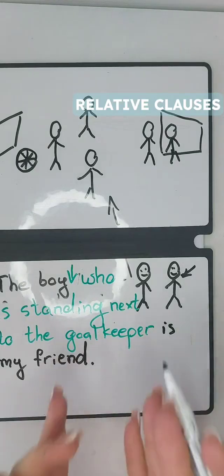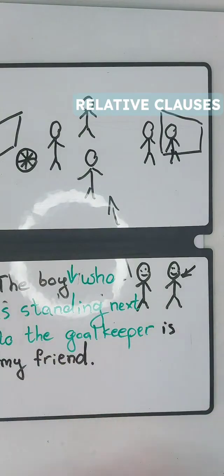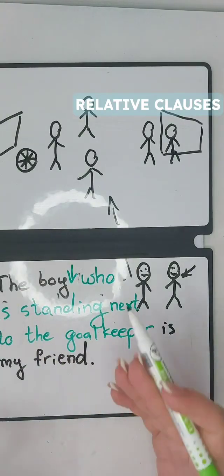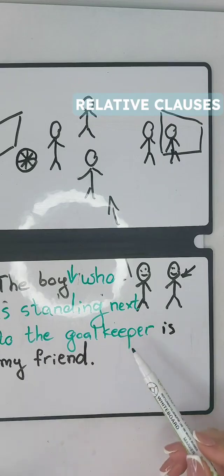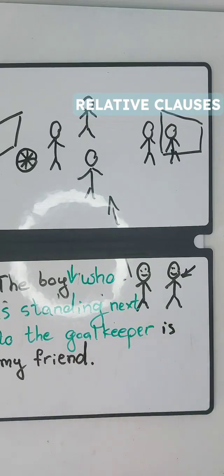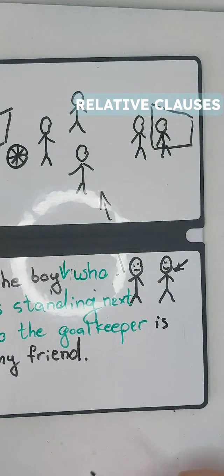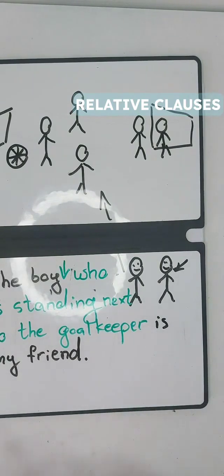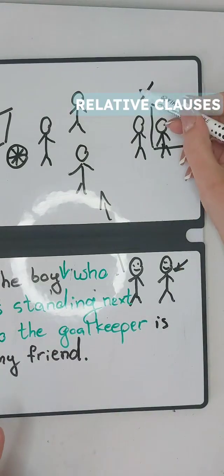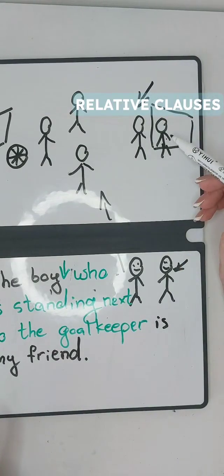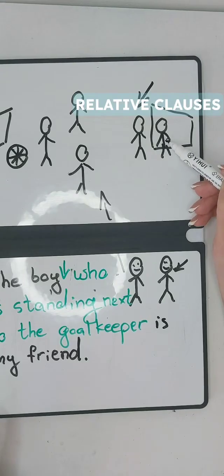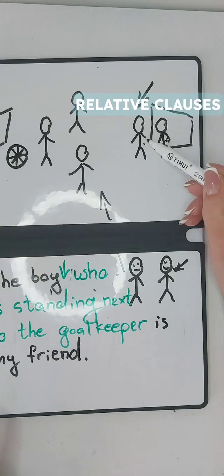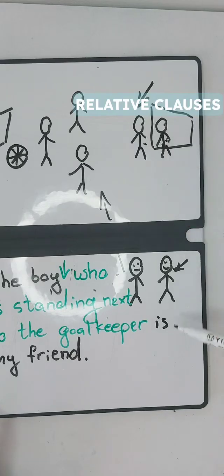Now, can you understand which boy I'm talking about? The boy who is standing next to the goalkeeper is my friend. Now we know, right? Here we have a goalkeeper, right? And this one is my friend, or his or her friend.